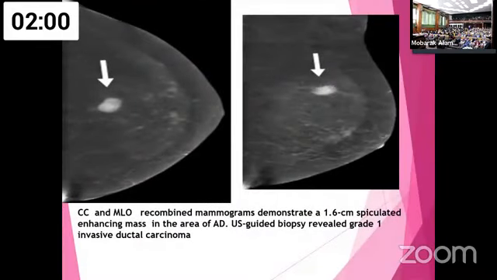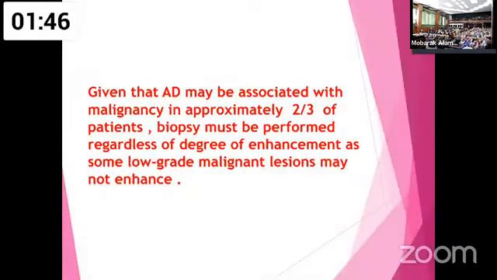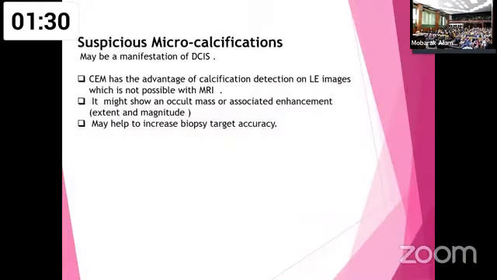Recombined imaging shows that at the site of architectural distortion, there was an enhancing mass, and suggestion was of an aggressive lesion, and biopsy confirmed the diagnosis. Generally speaking, as 2/3 of cases of architectural distortion may be associated with malignancy, whether there is enhancement or not, biopsy should be performed in these cases.